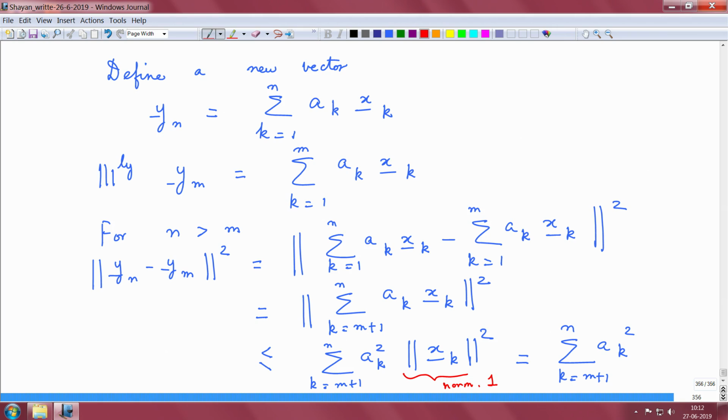So this partial sum from k equals m plus 1 to n has some interesting consequences. That is, in the limit when m and n tend to infinity, this sum should go to 0. So let us list these properties here.